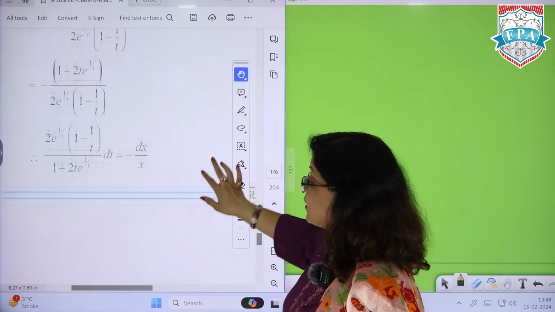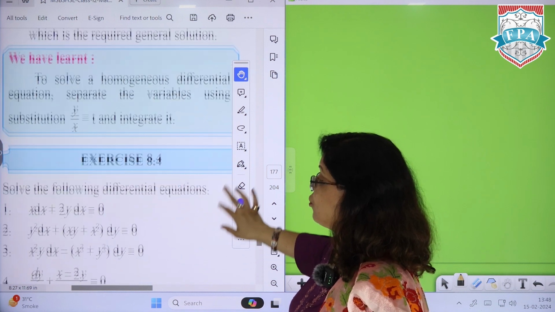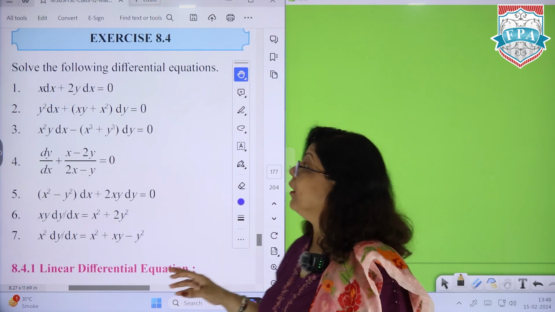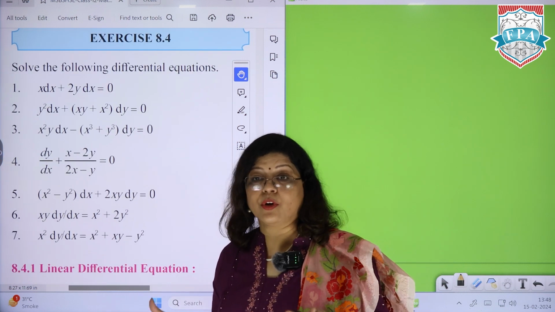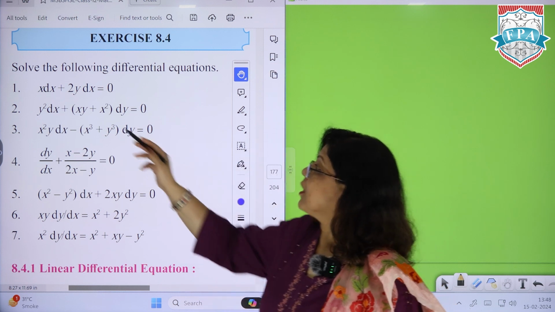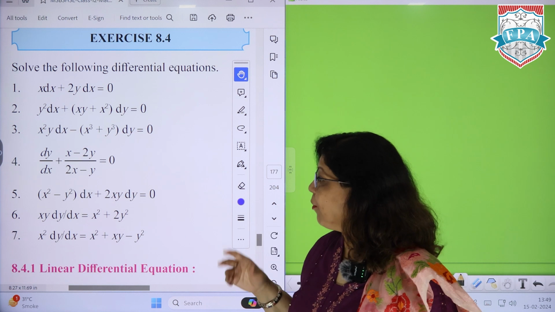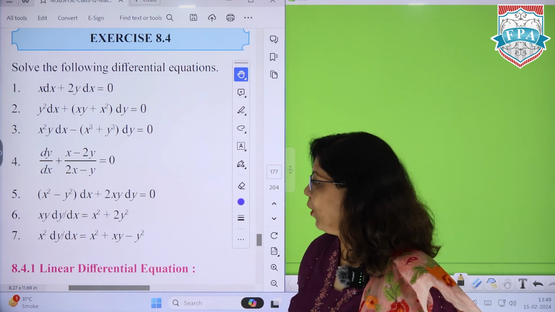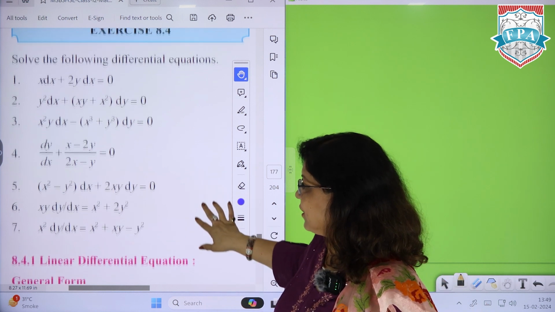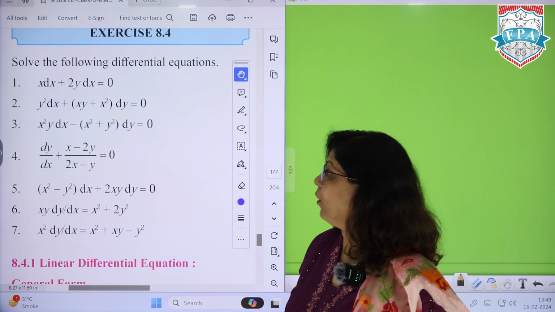In exercise 8.4, majorly all the questions are of homogeneous, but it's not that everything. Sometimes you can do it just by simply separating the variables also, like your first question. But some of the questions are definitely the ones where we have to apply the homogeneous thing. So let's take one question over here.